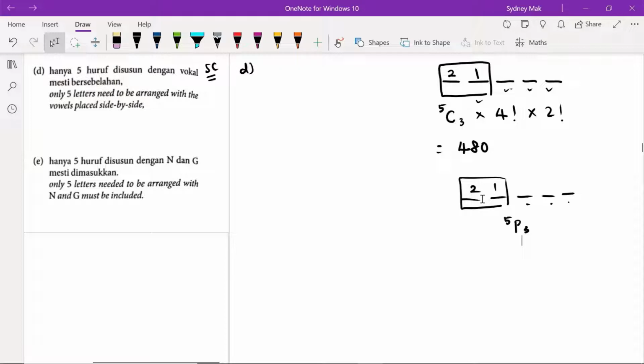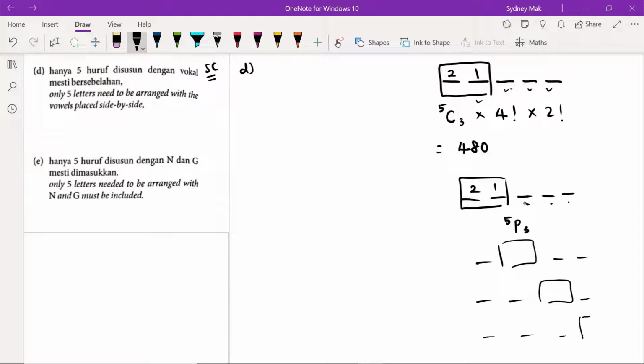My vowels may go to the second space, or it can go to the 3rd place, or it may go to the 4th place. So for the same arrangement, 5P3, of course, this is external, this is for the consonants, and the 2 factorial is for the vowels. And then this thing happens in 4 different scenarios, so we have to times 4.